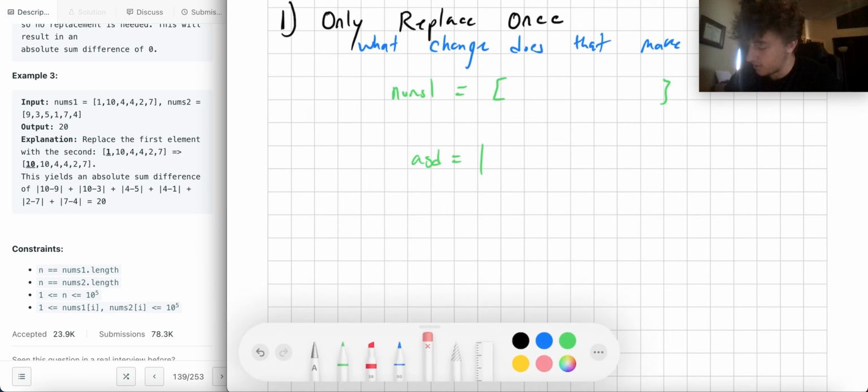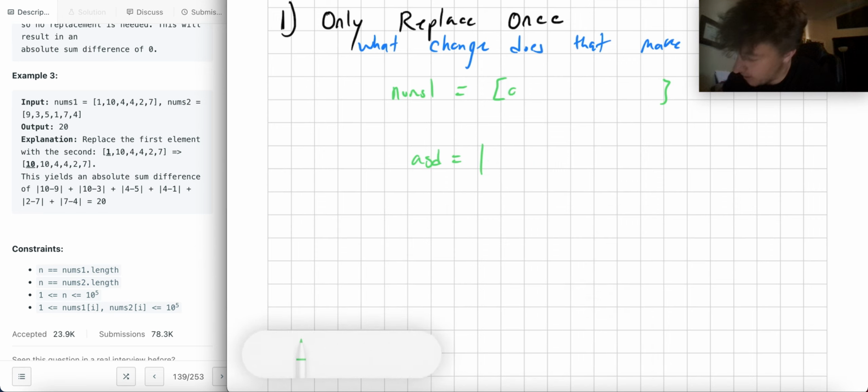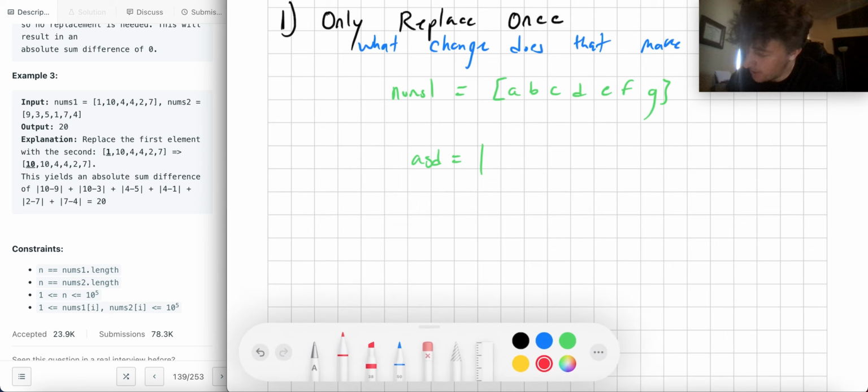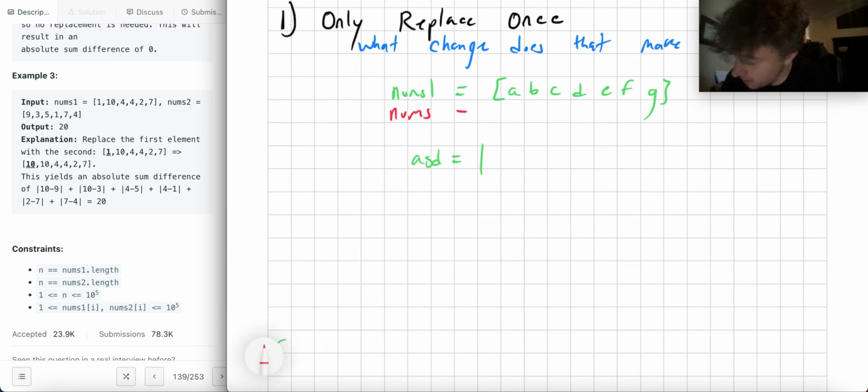I'm getting stuck on particulars here. It's fine, the letters were fine. I think I should just change the color and that'll be good enough. So we'll make nums2 red just so that it's clear what's going on: A, B, C, D, E, F, G, then H, I, J, K, L, M, N.